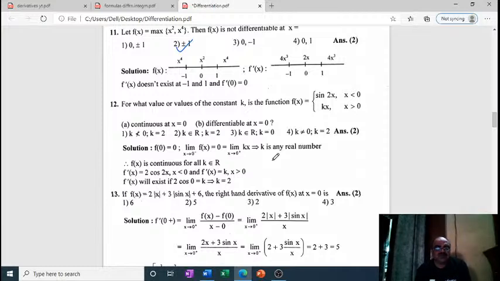Cos 0 is 1, therefore k is going to be equal to 2. So we have the second option: k belongs to R for continuity, and k equal to 2 for differentiability.